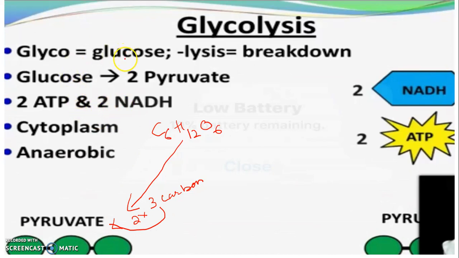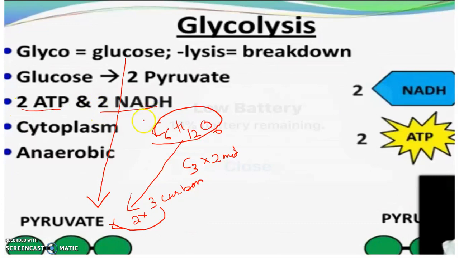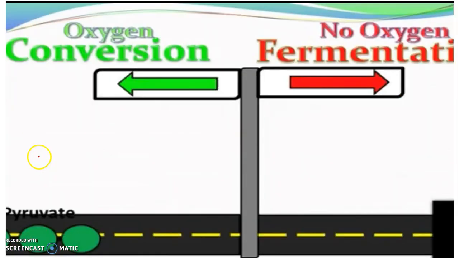So the glucose gets simplified into pyruvate because you break down the C6H12O6 into two C3 molecules. As you can see, this is a kind of polymer, and that's simplified into a simple structure called pyruvate, which has 3 carbons. The net result of glycolysis is 2 ATP made and 2 NADH, and there is no oxygen in this phase or stage.